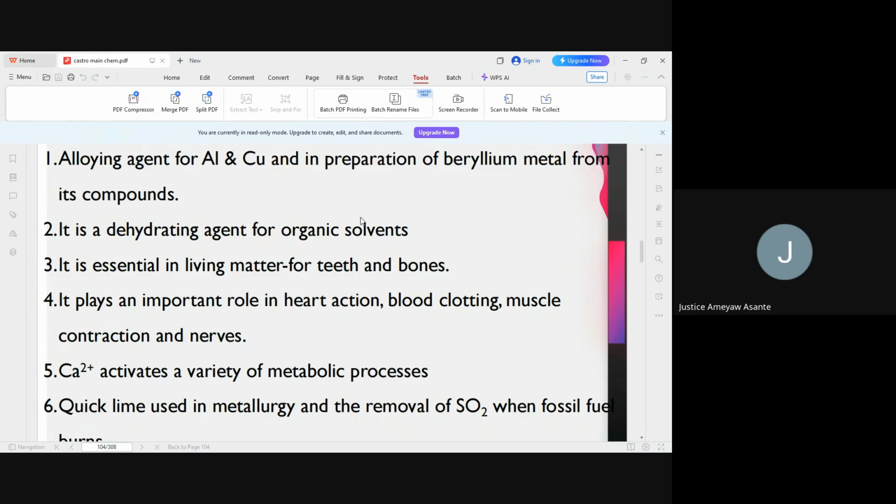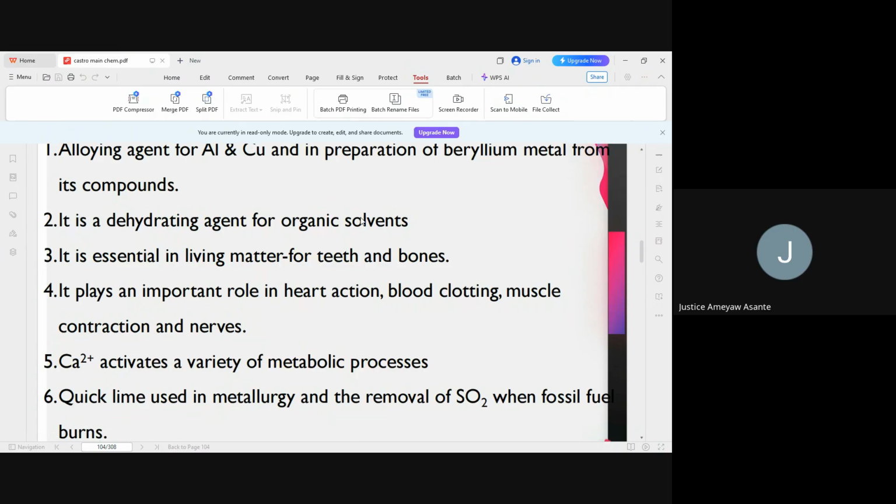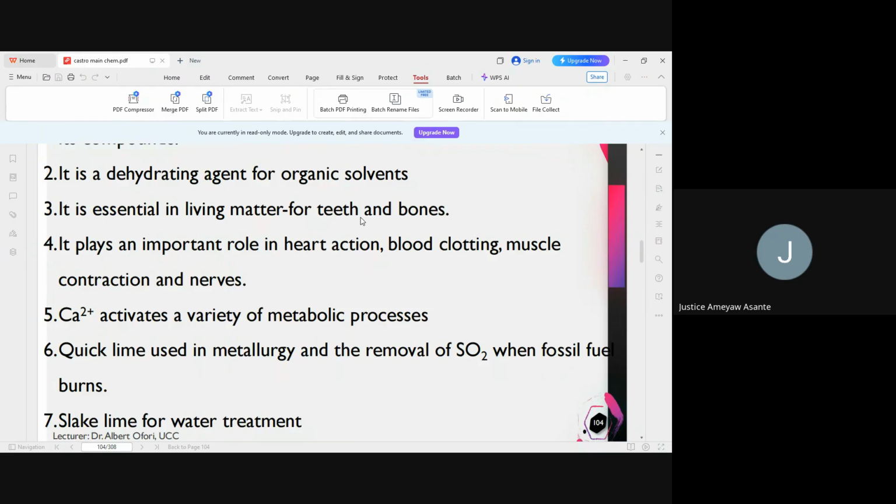So it's called a dehydrating agent. It is essential in living matter for teeth and bones. It plays an important role in our hearts, clotting of blood, and contraction of our muscles and nerves.